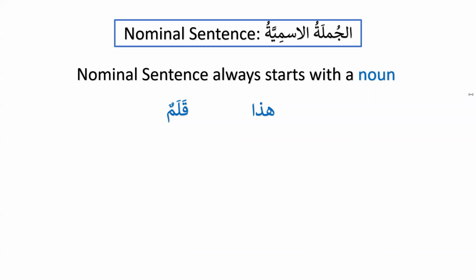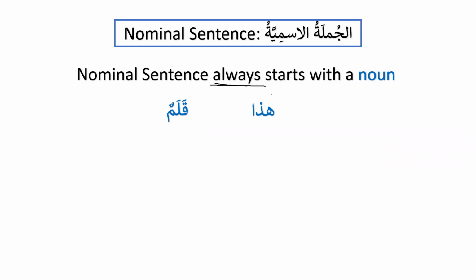Al-jumlatul ismiyatu. As I mentioned previously, a nominal sentence always starts with a noun. Now we really need to understand the Arabic language. We need to know the combination of nouns, because I have told you that there is no is, are, am, and similarly we don't have a or an in Arabic.